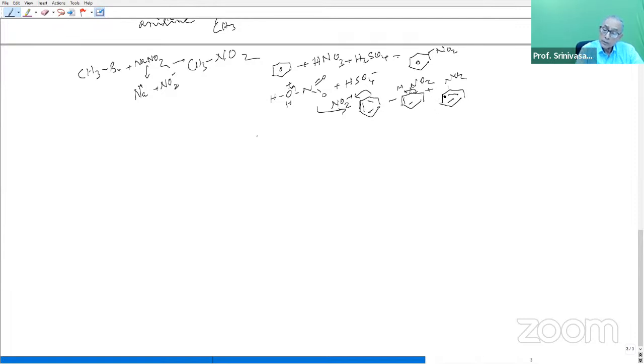This substitution is called electrophilic aromatic substitution. We have seen this earlier in the reactions of phenols.